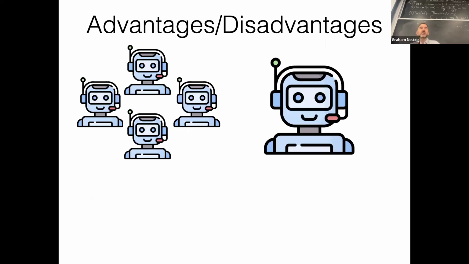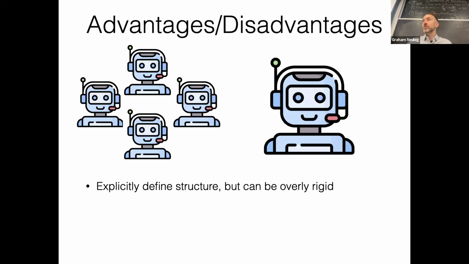So I think there's advantages and disadvantages to multi-agent systems. And I've actually tried to use both in engineering systems that I want to work, like web browsing systems and coding systems. They can explicitly define the structure, but on the other hand, they can be overly rigid. For example, we have a setup where we have a coding agent and we have a web browsing agent.